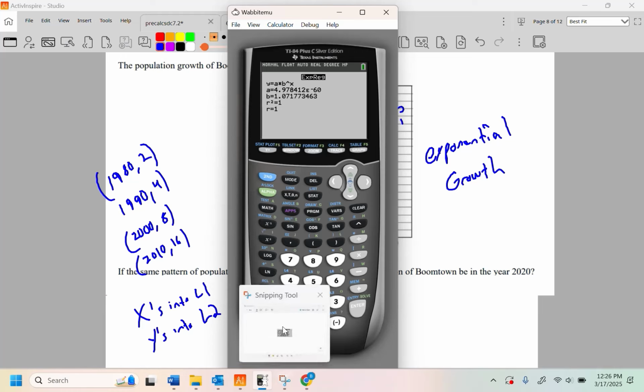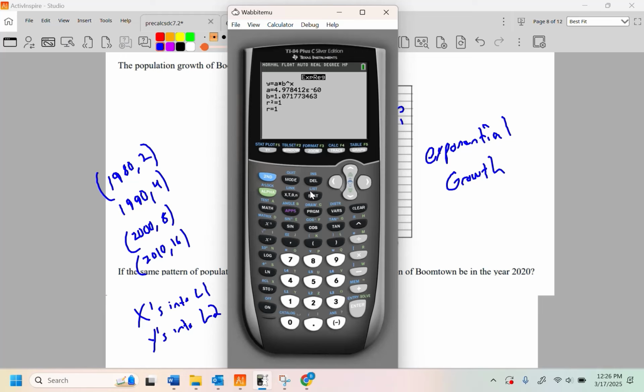It's got some teeny tiny numbers. Let me show you something I can do that'll make that a little bit different. The reason these numbers are so awful is because I used 1980, 1990. I could have used 0, 10, because 1990 is 10 years after 1980, 20, and 30, because 2010 is 30 years after 1980.